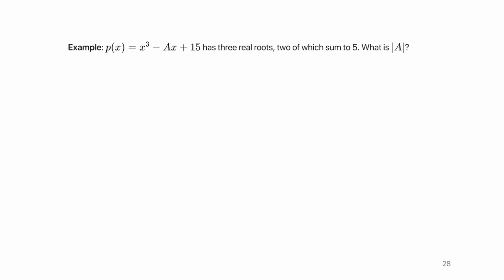Because we know 2 of the roots sum to 5. The third one has to be negative 5 so that the sum of the roots is 0. Because notice, there's no coefficient on the x squared term. Okay? Take another minute, try and work it out, and then we'll talk about the solution and call it a day.